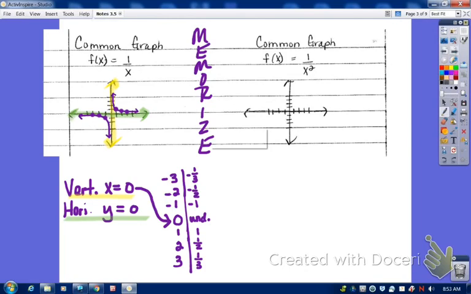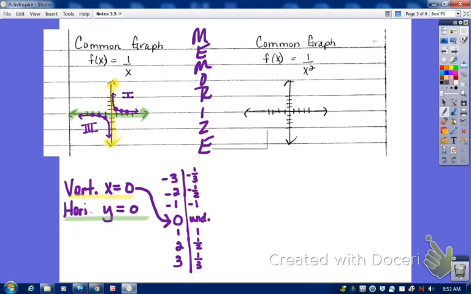And then we're going to memorize this graph. So 1 over x has one piece in the first quadrant, and another piece of the graph is in the third quadrant, because this is going to be a common graph.